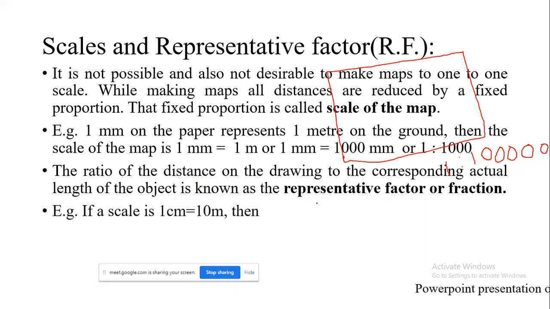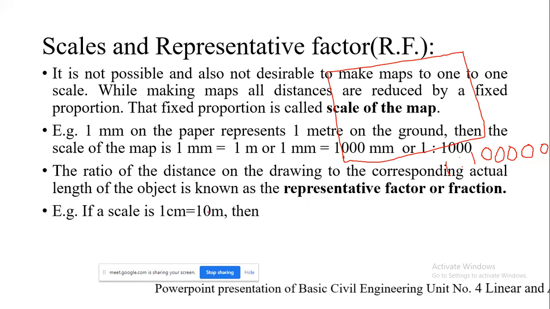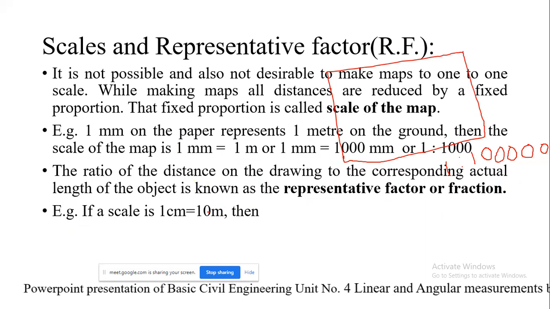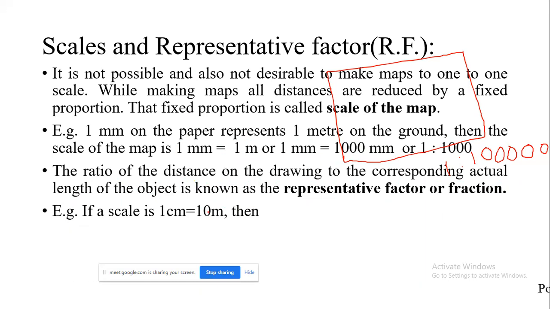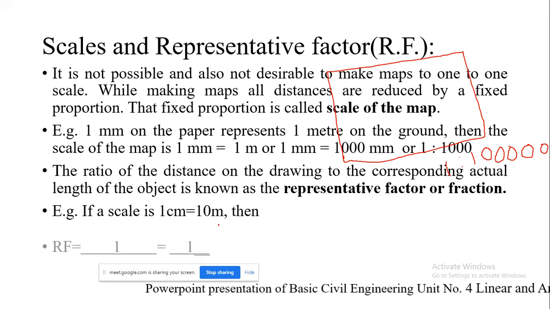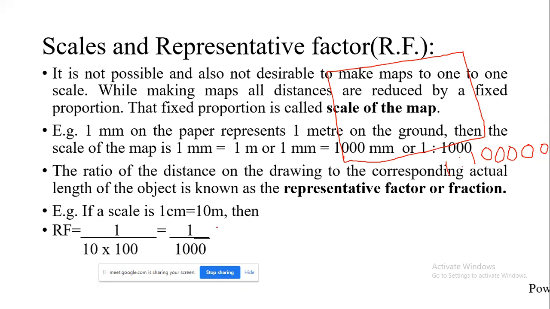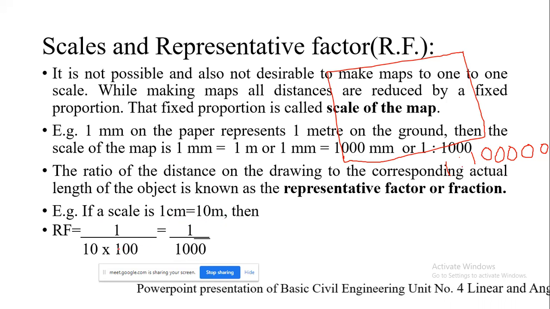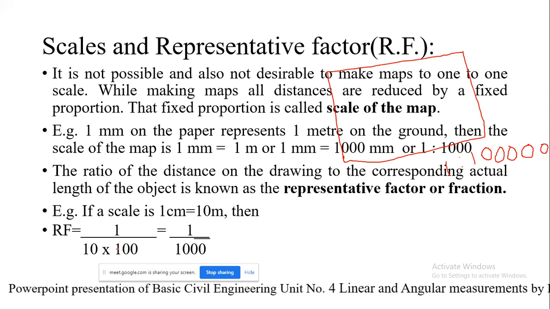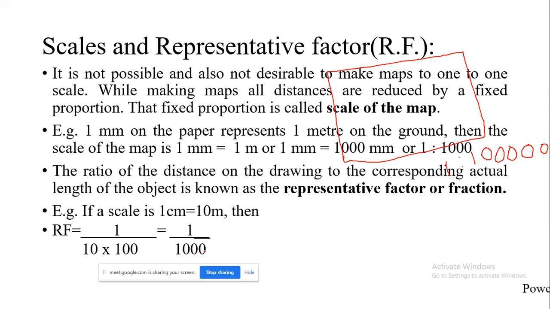For example, if a scale is 1 centimeter is equal to 10 meters, then 10 meters will be the distance on the ground, and I am representing only 1 centimeter by making use of the regular scale which you use for drawing. When I convert it, in order to get the same unit on both sides, I get 1 as to 1000.